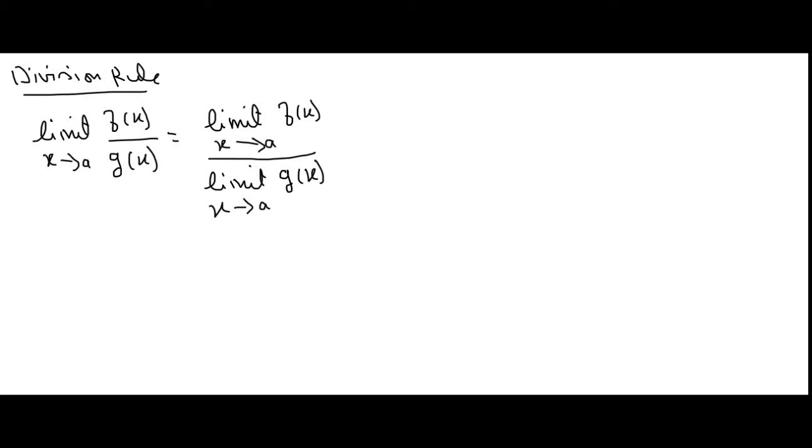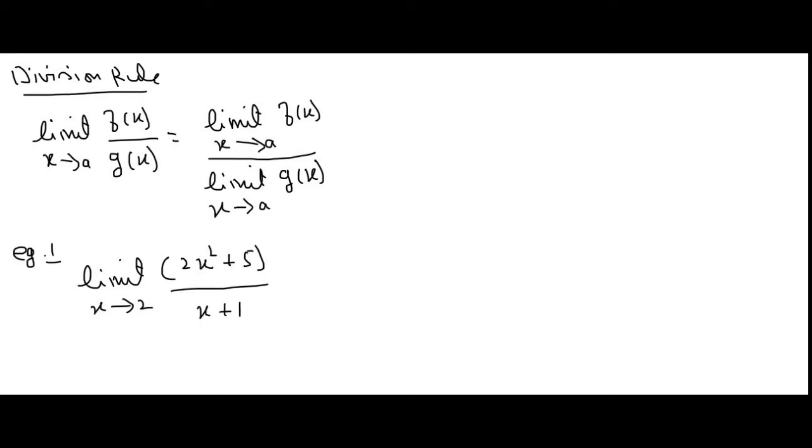Now we consider an example which will be easier to understand. Example 1: we have a function, limit x approaches 2, 2x squared plus 5 divided by x plus 1.